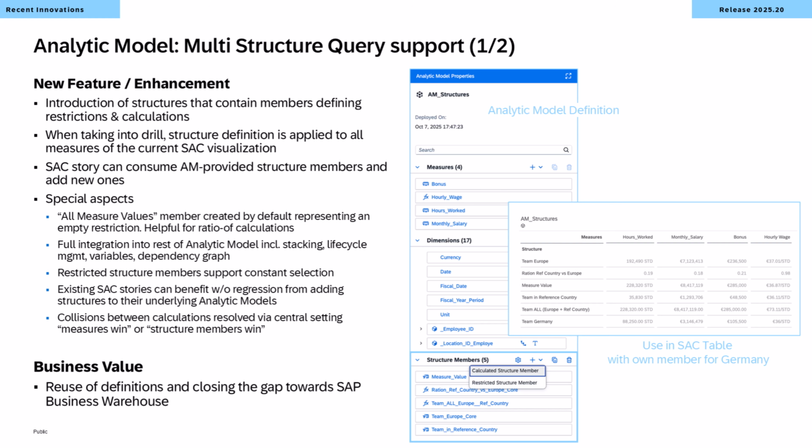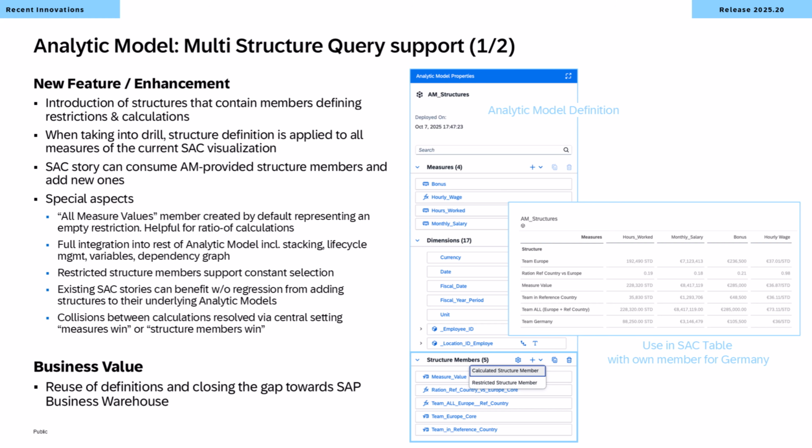Also, dependency graph. We didn't go into this in the demo, but the dependency graph between various members that stack on each other. So the ratio is made up of its numerator and its denominator, so that dependency is totally passable and visualized just by default. We had it that restricted structure members totally support constant selection.